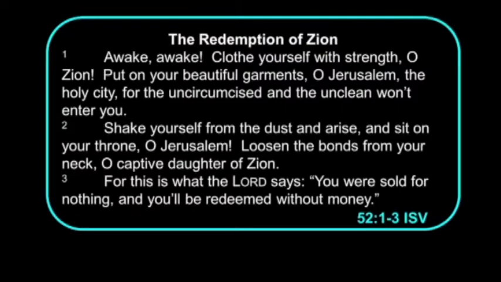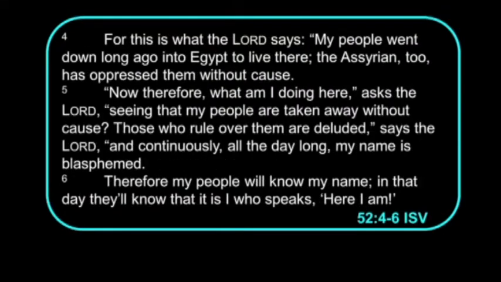Shake yourself from the dust and arise and sit on your throne, O Jerusalem. Loosen the bonds from your neck, O captive daughter of Zion. For this is what the Lord says, you were sold for nothing and you'll be redeemed without money." And he goes on to say, "For this is what the Lord says, my people went down long ago into Egypt to live there. The Assyrian too has oppressed them without cause."